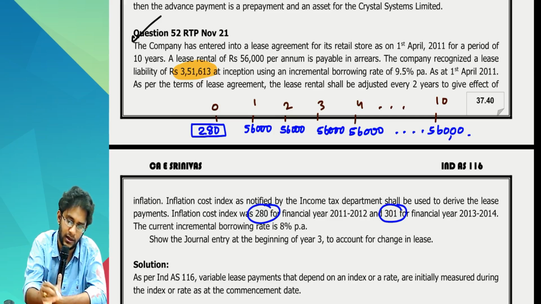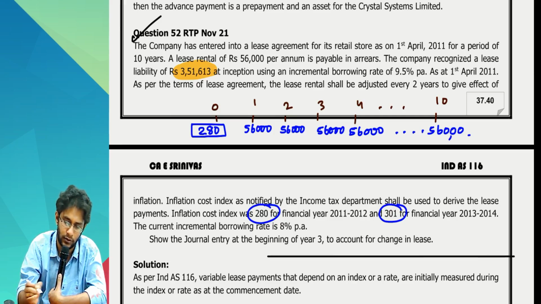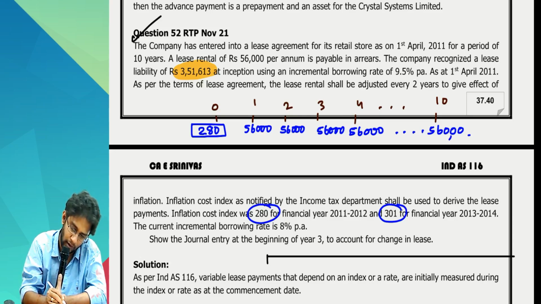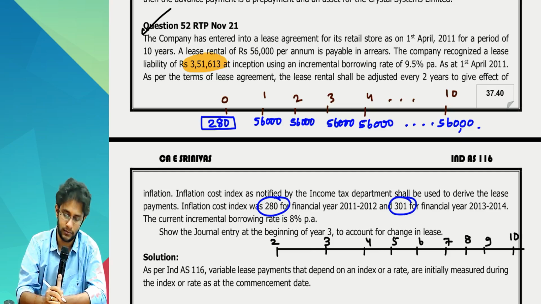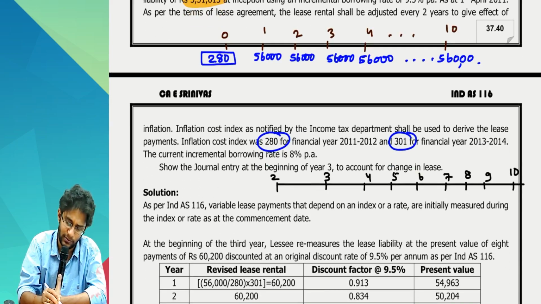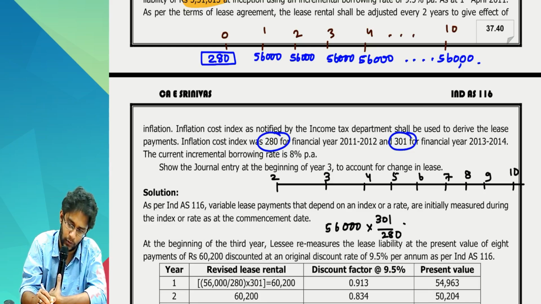Now, if I am standing at the end of year 2 or beginning of year 3, so this is second year ending or third year beginning, third year ending, fourth year ending, fifth year ending, sixth year ending, seventh year, eighth year ending, ninth year ending, 10th year ending. Here onwards my lease payments will be 56,000 if it was for an index of 280. For 301, how much is it?